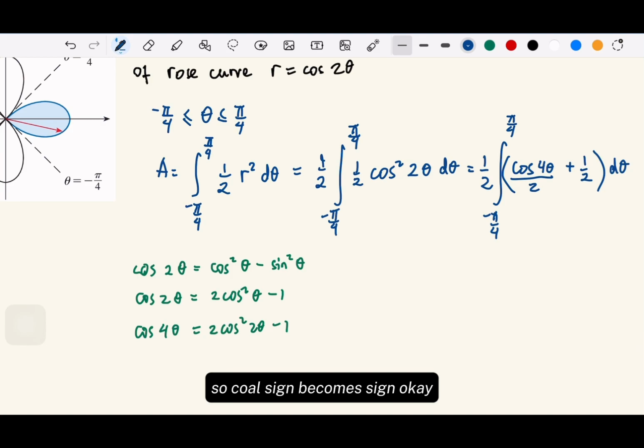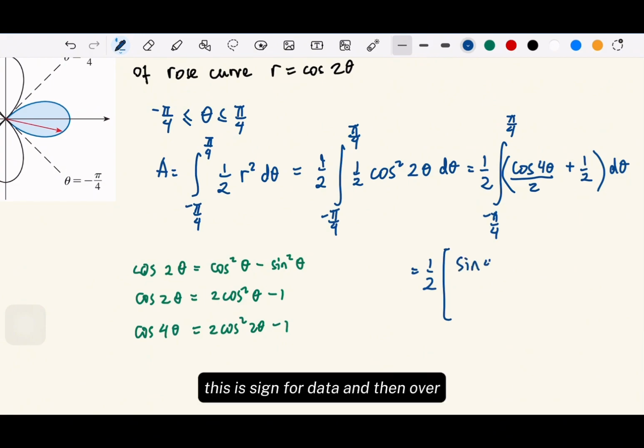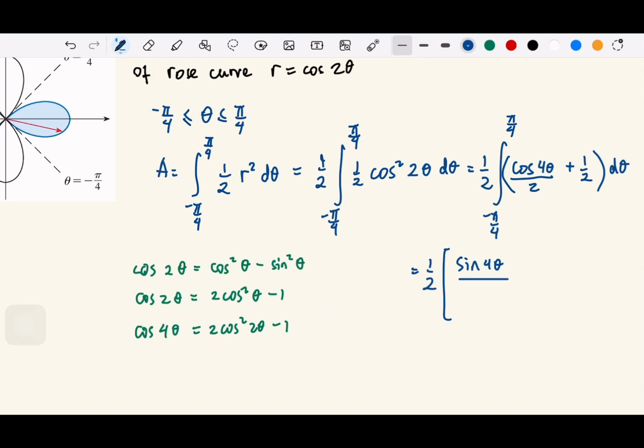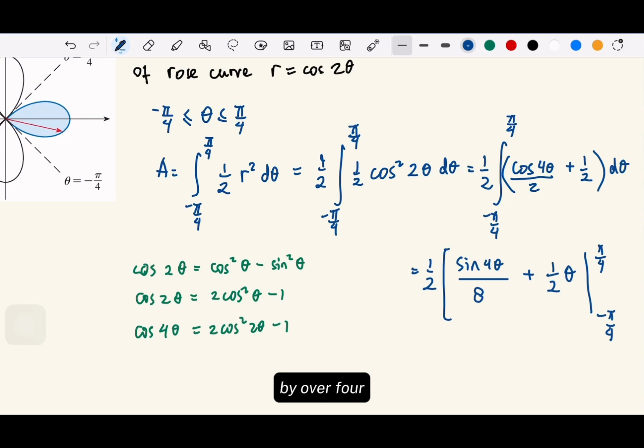So cosine becomes sine. So half, this is sine 4 theta over 8, and then plus half theta, and then evaluate from negative pi over 4 to pi over 4.